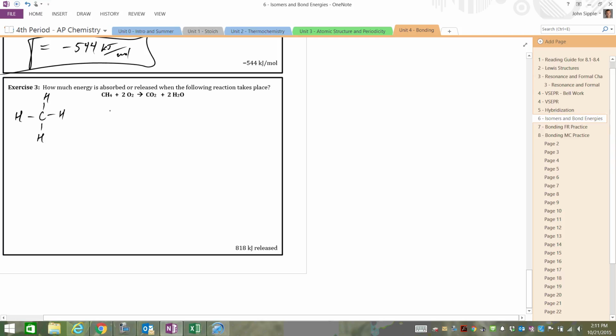And we also have O2. Here's the Lewis dot structure for O2. We've got 2 of those going to CO2. Let's draw the Lewis dot structure for CO2, I'll help you draw these sometimes. CO2 and H2O. We have 2 H2O molecules there as well.